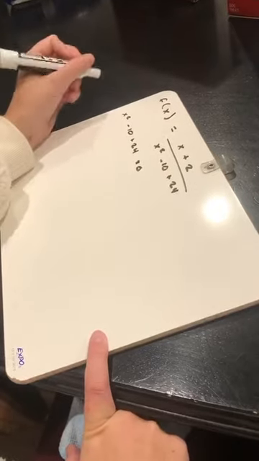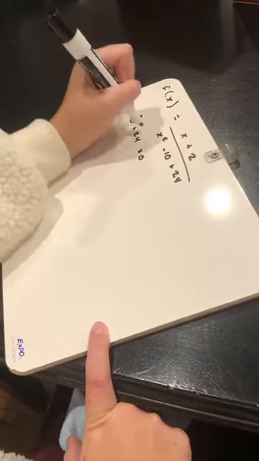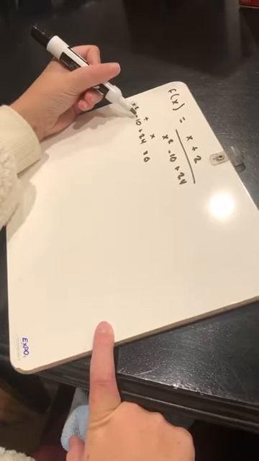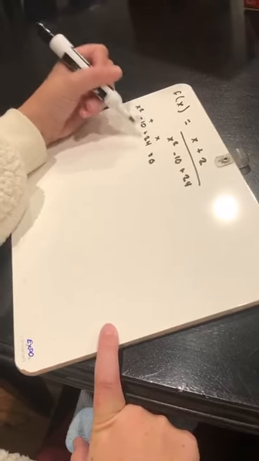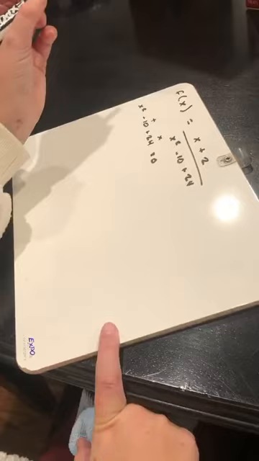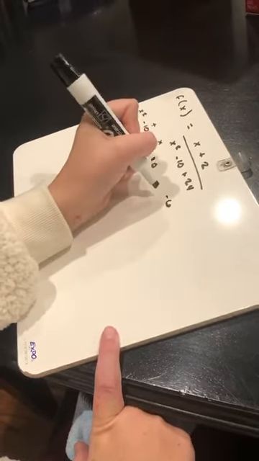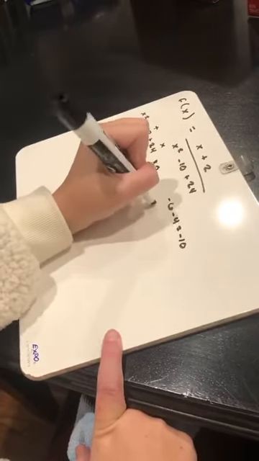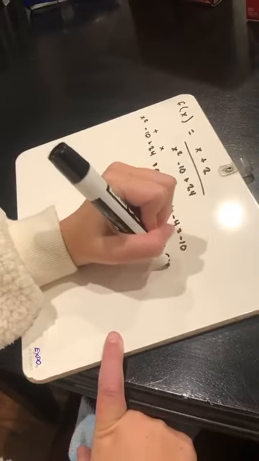And then we're going to again factor out two numbers that add up to negative 10 and multiply into 24. But since we have a negative number, we're going to be looking for negative numbers that add up to 10 and multiply to 24. So for this, we're going to do negative 6 and negative 4 because negative 6 minus 4 equals negative 10, and negative 6 times negative 4 equals positive 24.